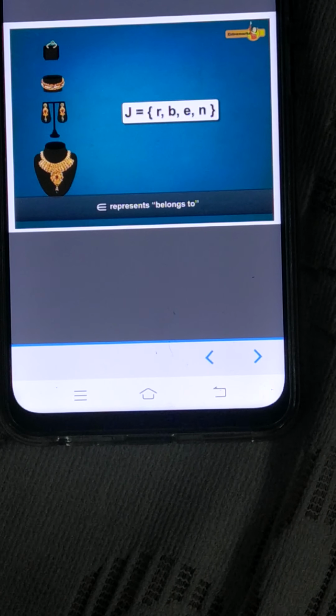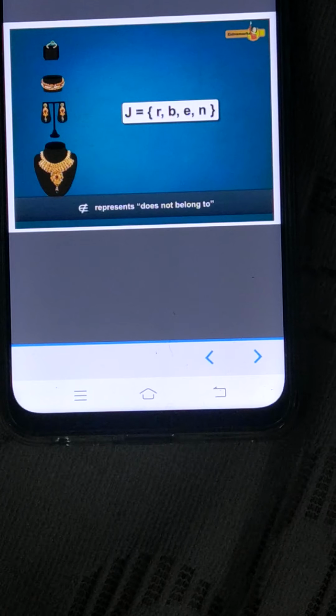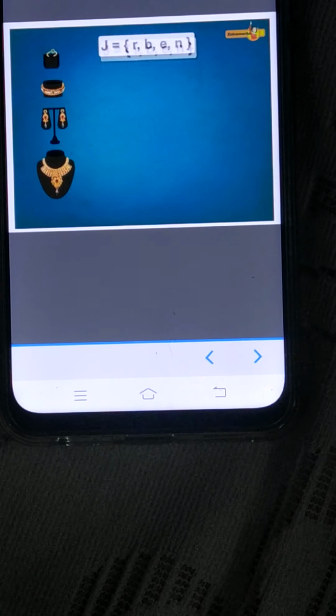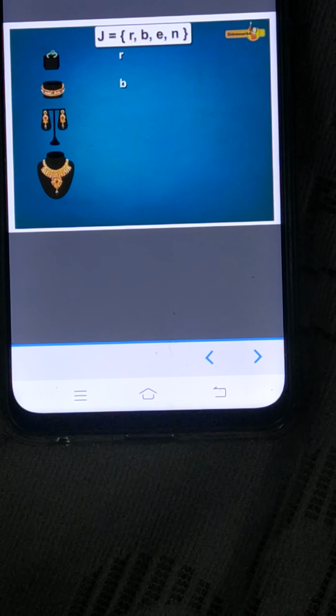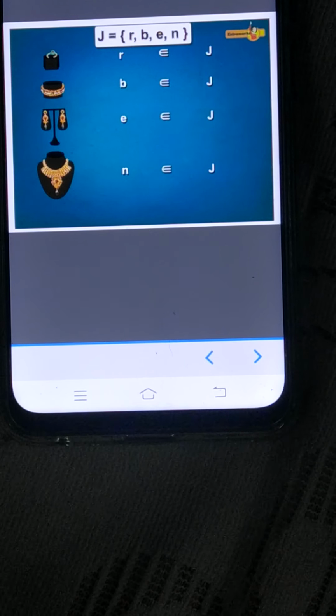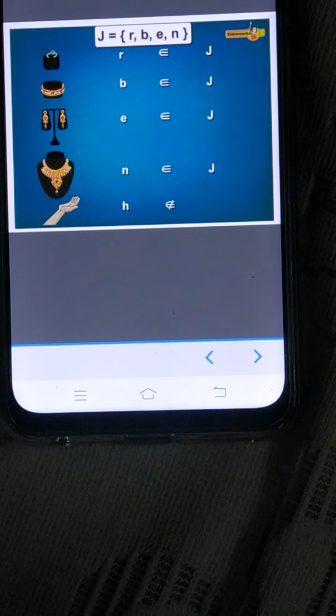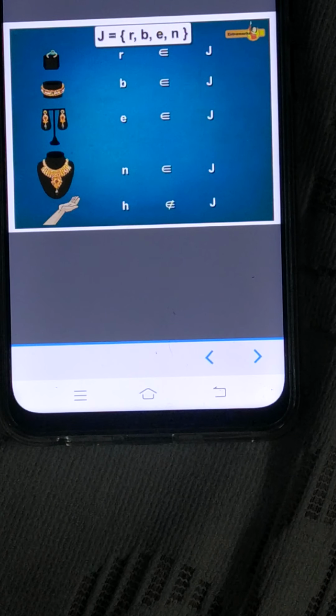Note that this symbol is used to denote the phrase belongs to, and this symbol is used for does not belong to. Here, R, B, E, and N belong to set J. Suppose H represents hand, and since it is not a member of this set J, thus symbolically it can be represented as shown.